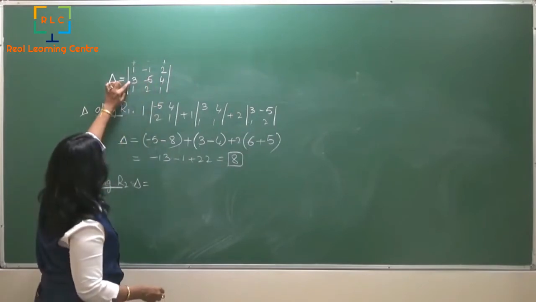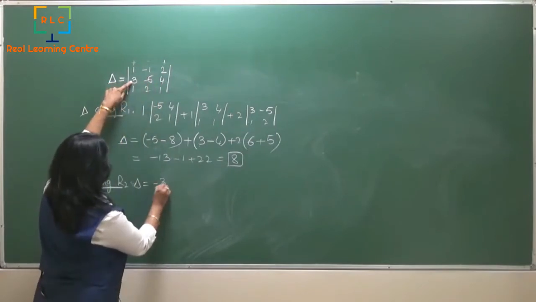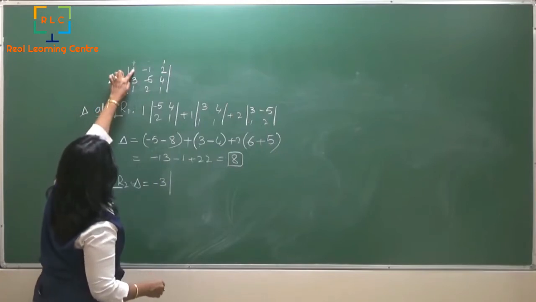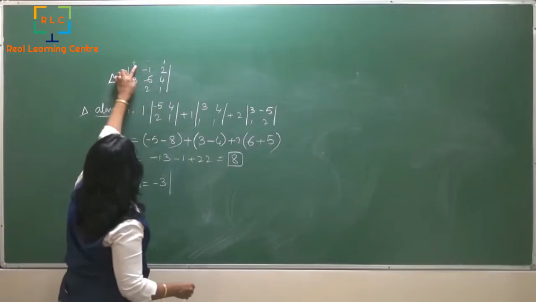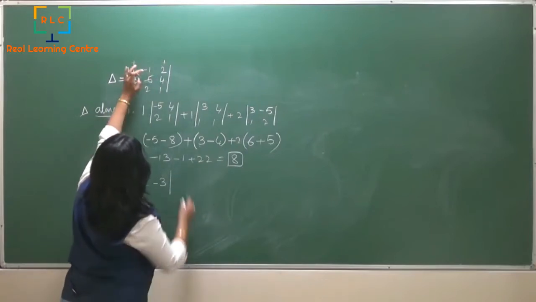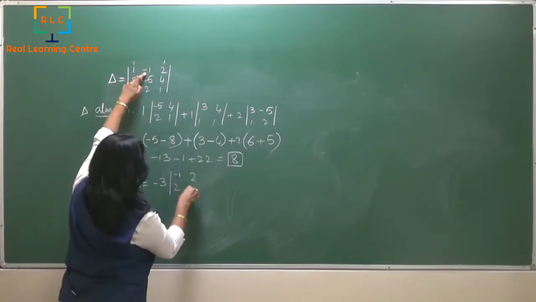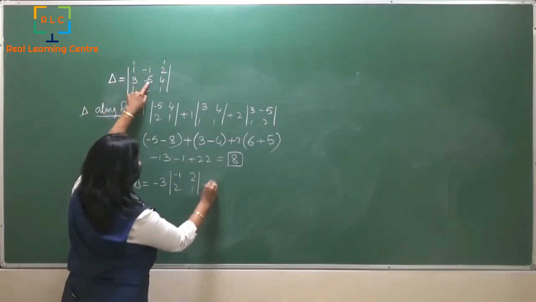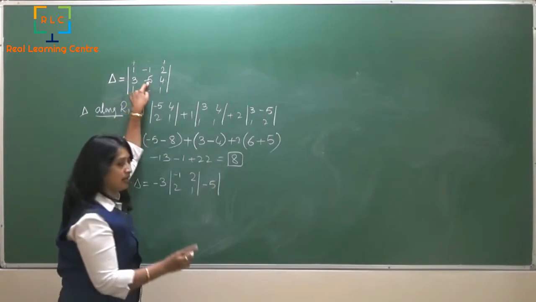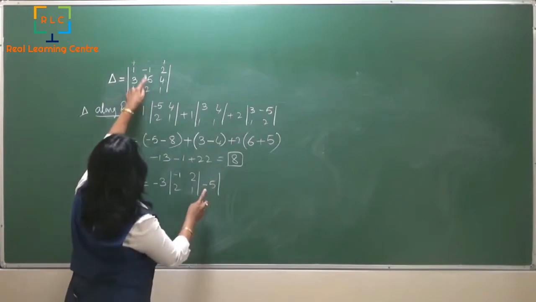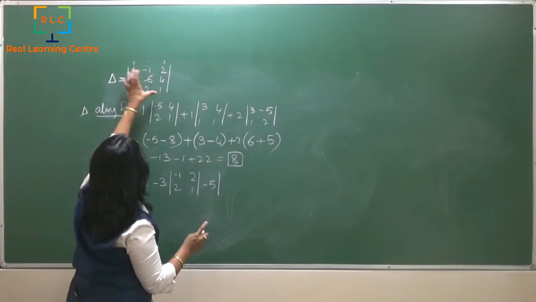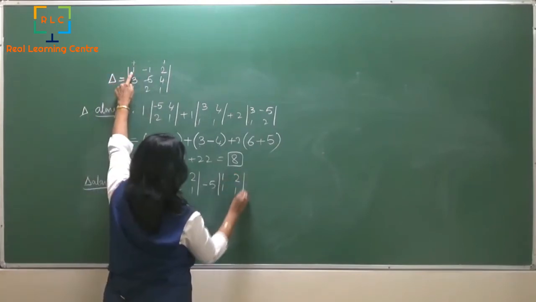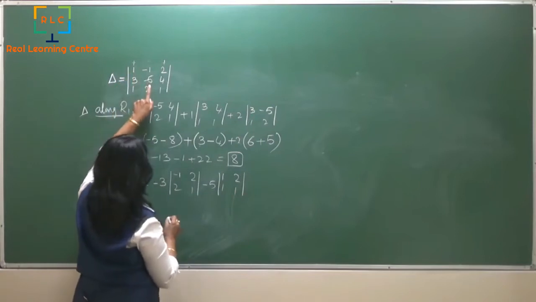So I shall take these elements with opposite sign: minus 3 into determinant of, wherever 3 is there, that row and that column you delete, then I'll have these 4 elements, that is minus 1, 2, 2, 1. After 3, next I shall take minus 5, this should be written as it is because that place will have plus sign, minus 5 into, this column and this row you leave, so you have 1, minus 2, 1, 1, and then the next element I have taken is minus 5.